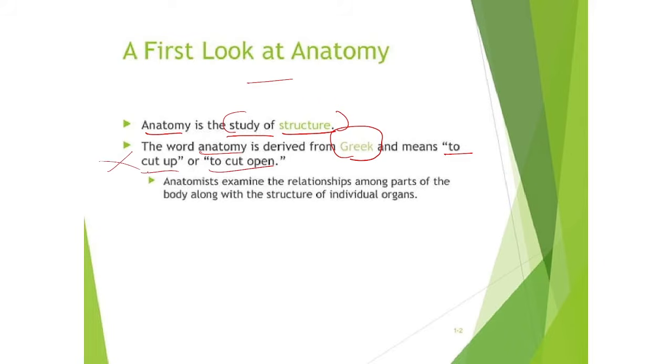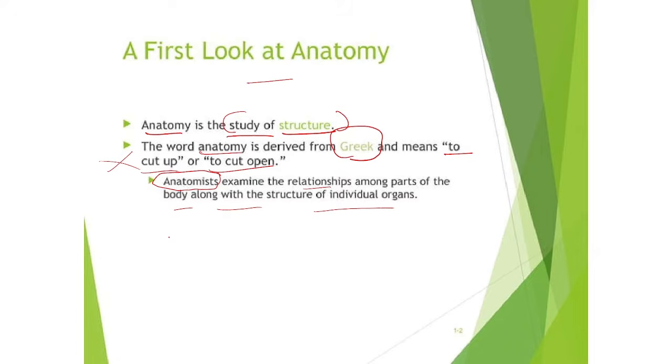No need to memorize this, just for understanding I'm telling. Anatomy means a study of structure, and the meaning of anatomy is to cut up or to cut open. Okay. Next one. Anatomists examine the relationship among parts of the body along with the structure of individual organs. Anatomist means the person who examines the relationship between particular organs.